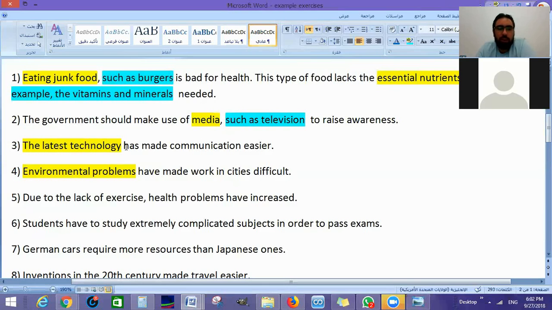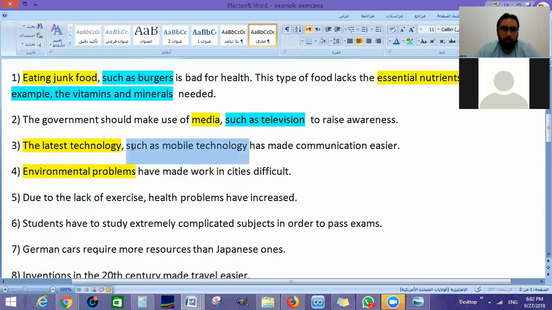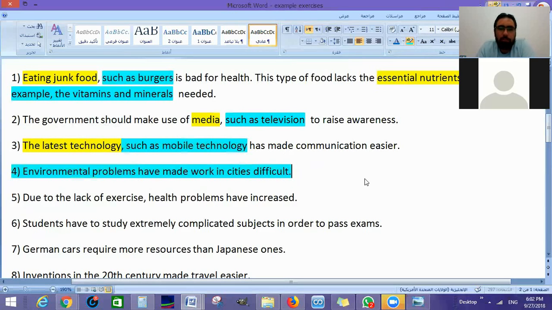Okay, number 3. The latest technology has made communication easier, such as mobile communication. Okay, has made communication easier.